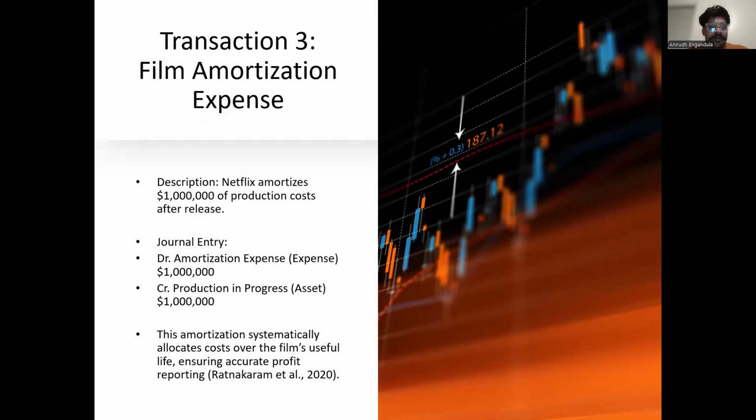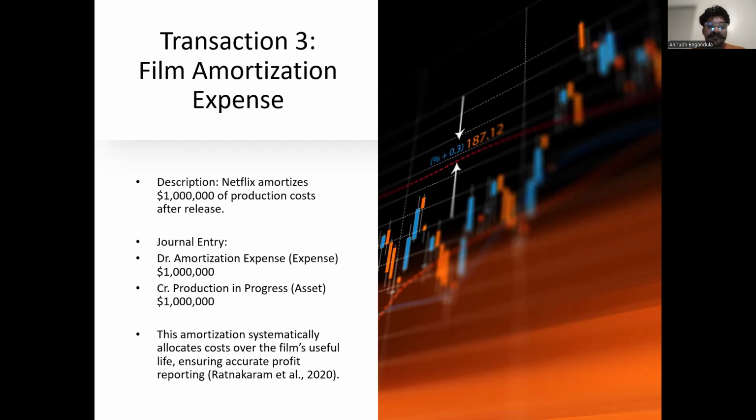Now, for the third transaction, amortization expense. After the film is released, Netflix amortizes $1 million of production cost as an expense over time. Let's call it post production editing. The journal entry is debit amortization for $1 million and credit production in progress for $1 million.